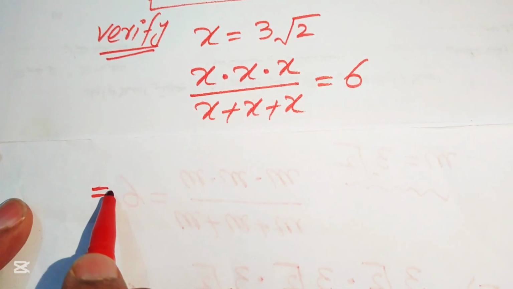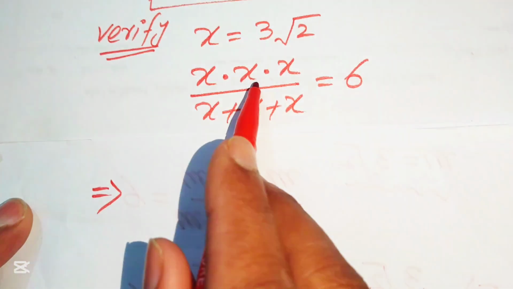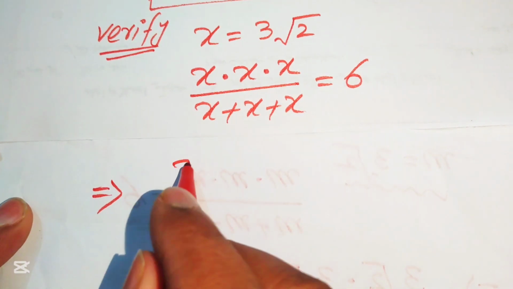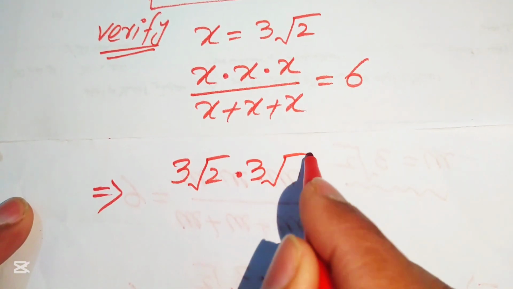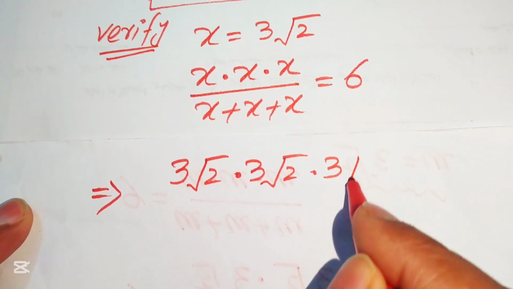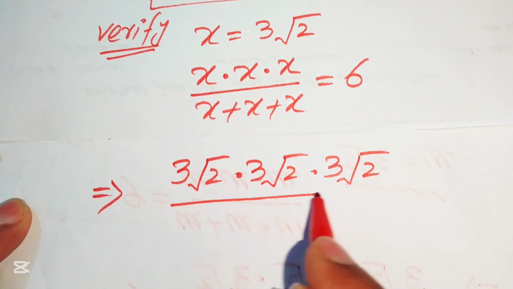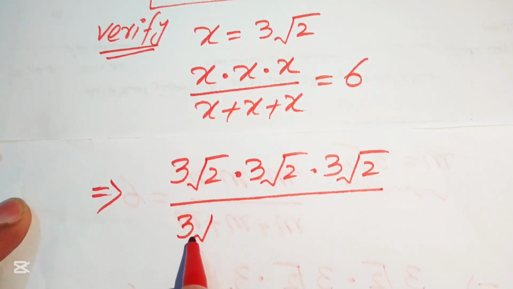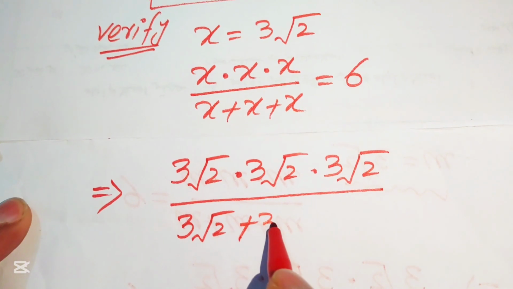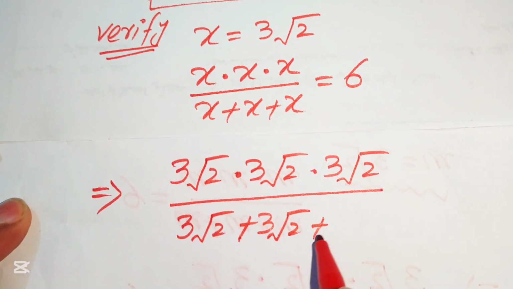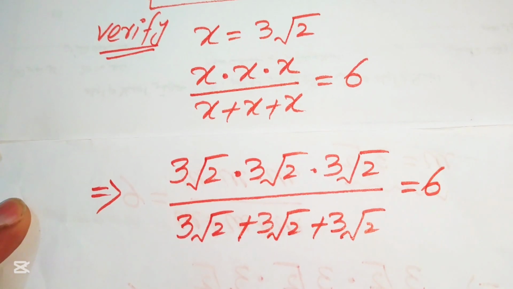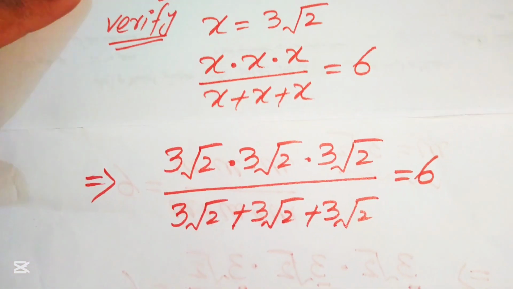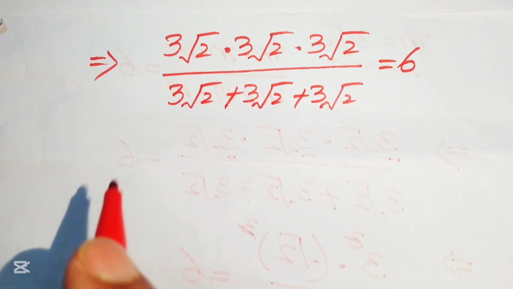So we write it as 3 into square root of 2 multiplied by 3 into square root of 2 multiplied by 3 into square root of 2, divided by 3 into square root of 2 plus 3 into square root of 2 plus 3 into square root of 2, equals 6. Further we need some simplification here.